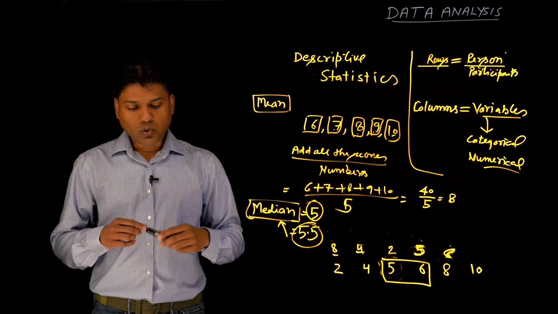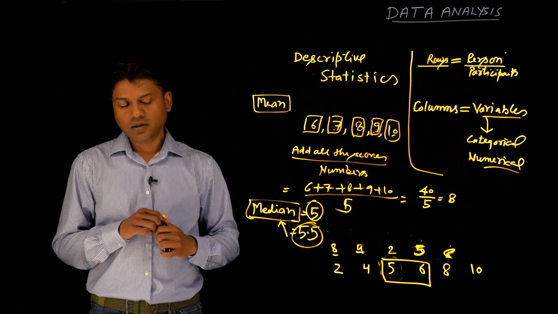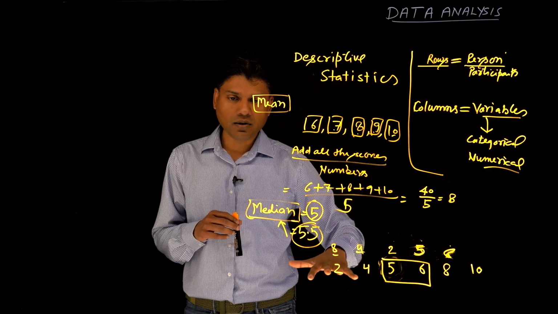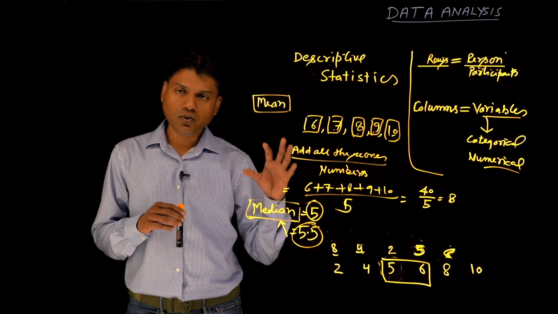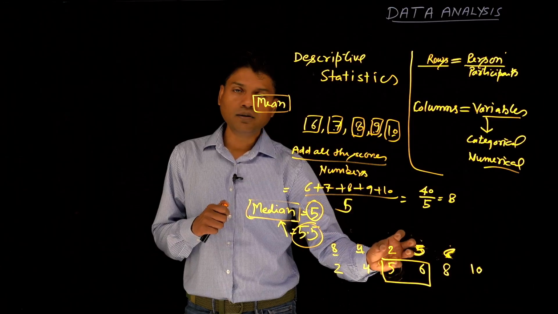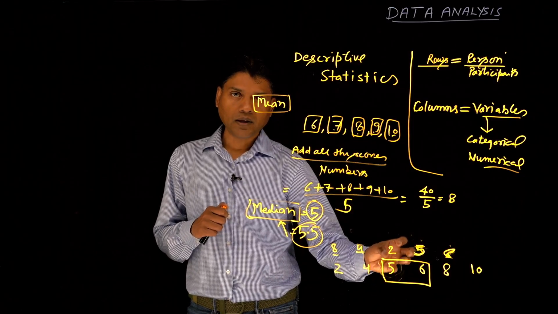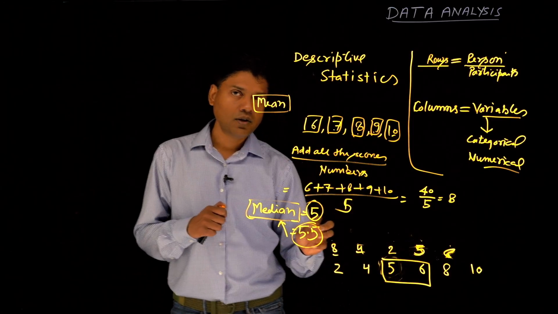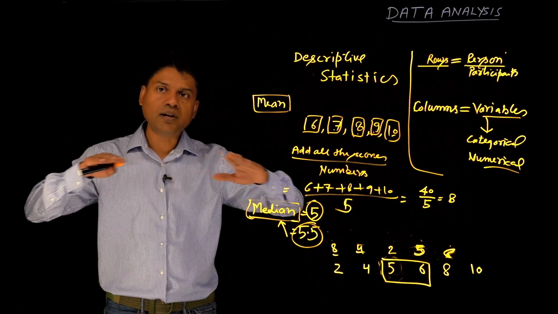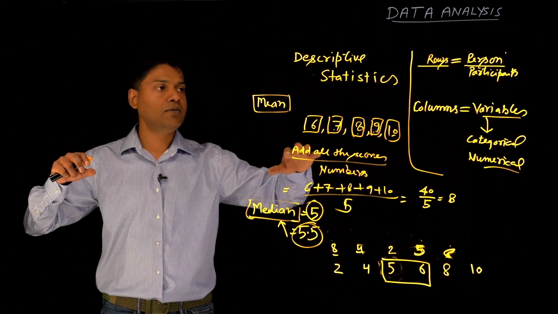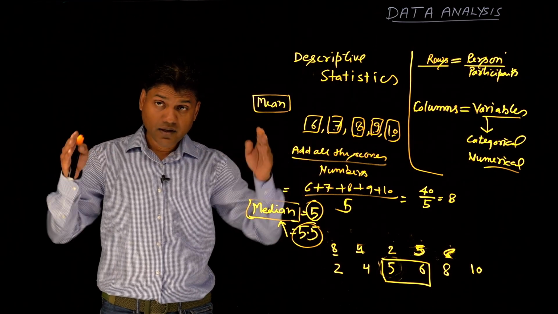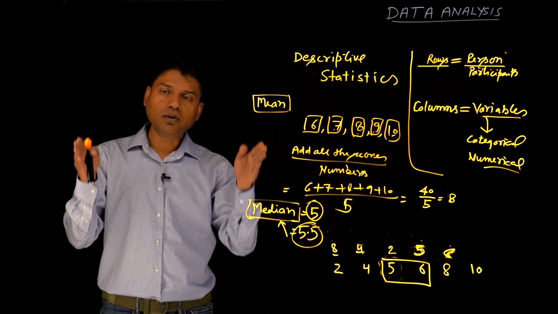At times when you look at any data and you organize the data in increasing order or decreasing order, and your focus is on understanding the midpoint of the data, that will be your median. Mean is more telling you the average score, like if you have all these scores, what is the average of everything, and you are considering all the data points.